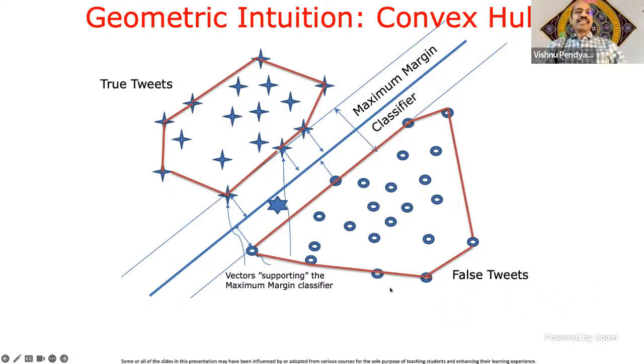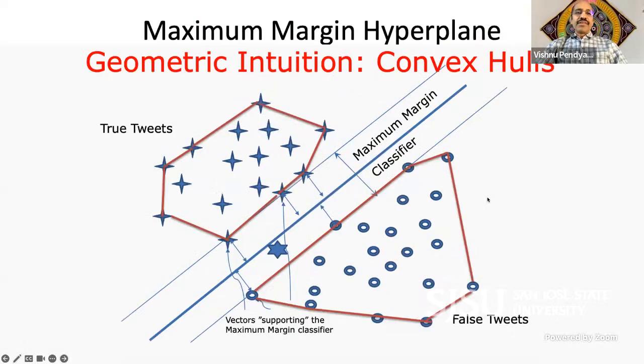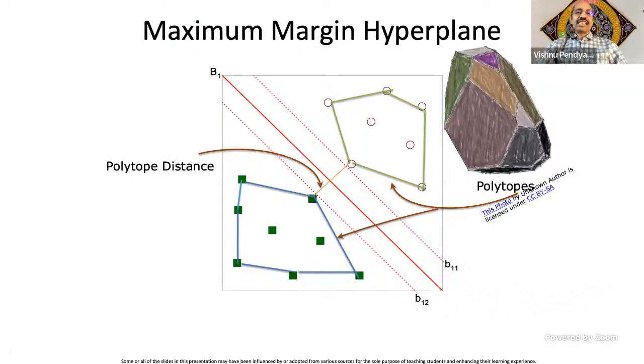So this is a two-dimensional visualization of the training data set. What if there are several dimensions? In that case, the convex hulls can be thought of as polytopes. A polygon in multiple dimensions is called a polytope.